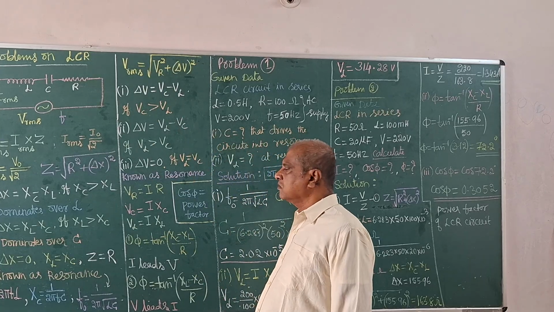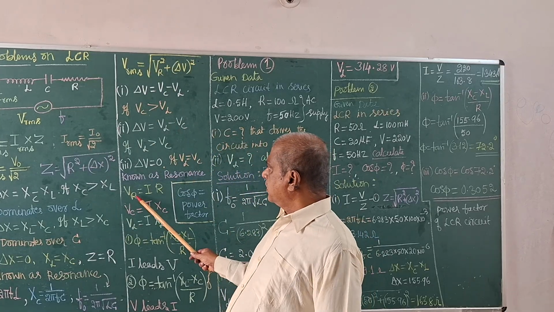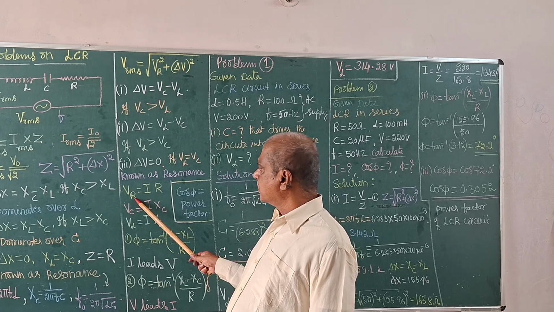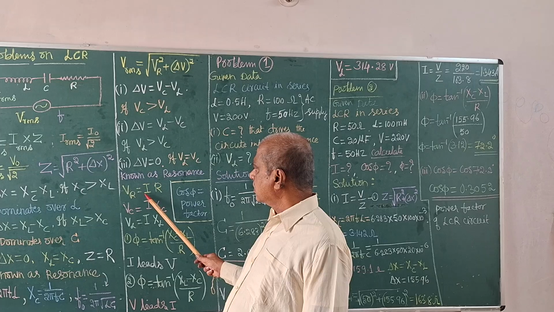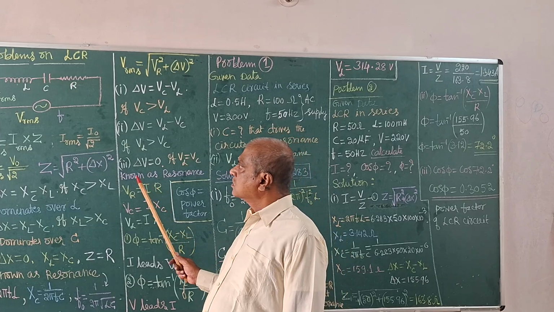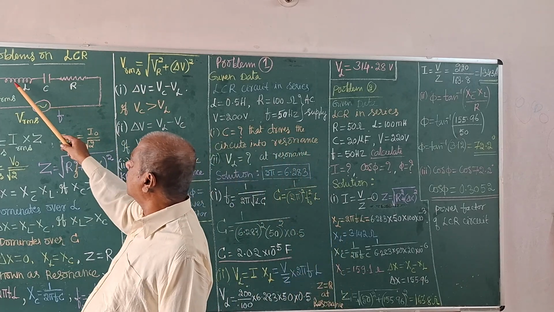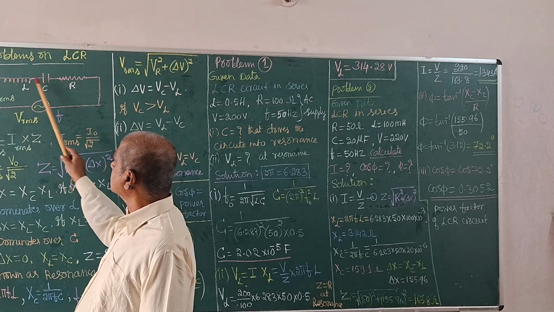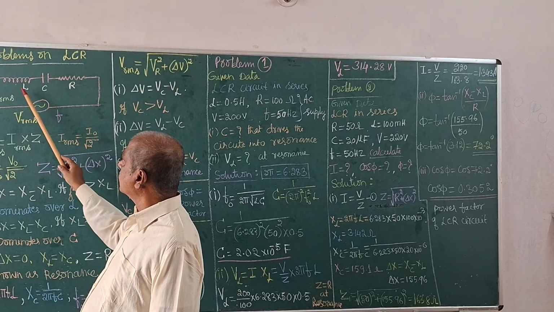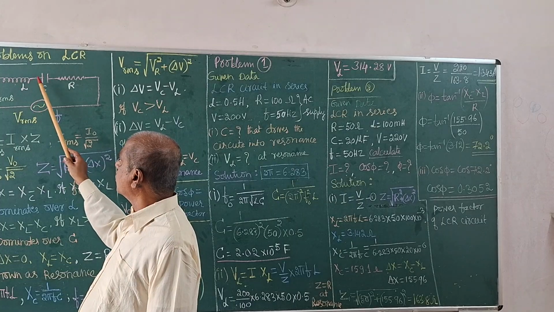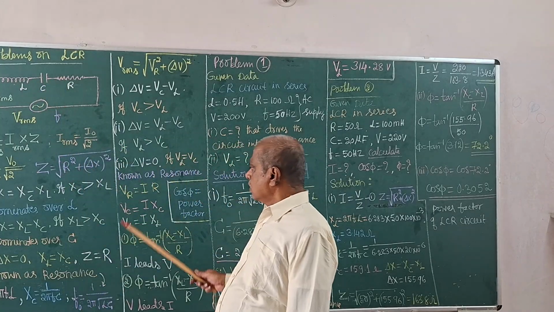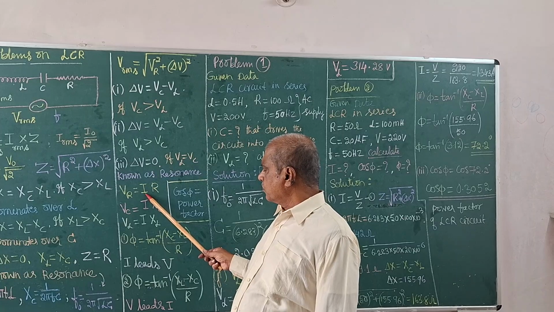And in this equation, VR is given by Ohm's law again. The voltage drop at this is equal to current into resistance. The current flowing through all the components in series remains the same. The same current is flowing, but it differs only in resistances as well as voltage drop across the components. So this is I into resistance.